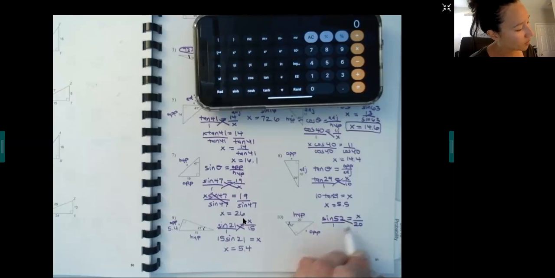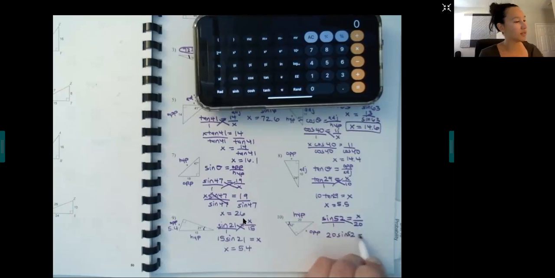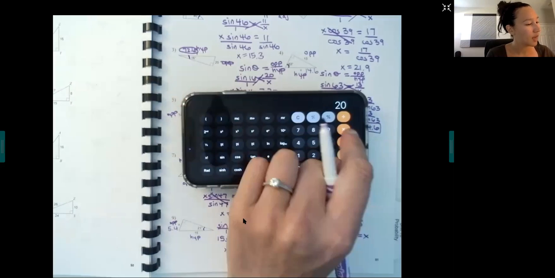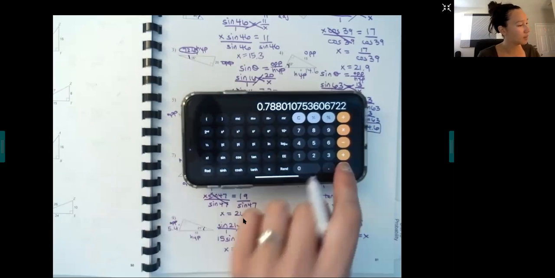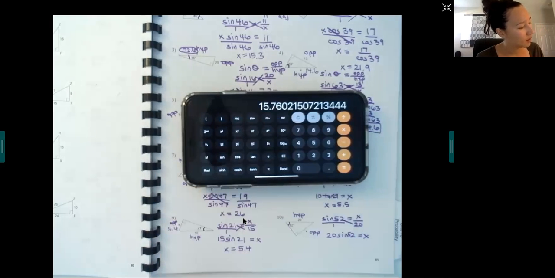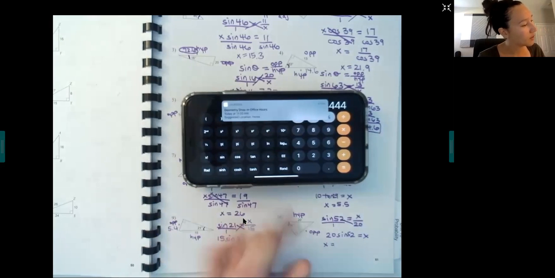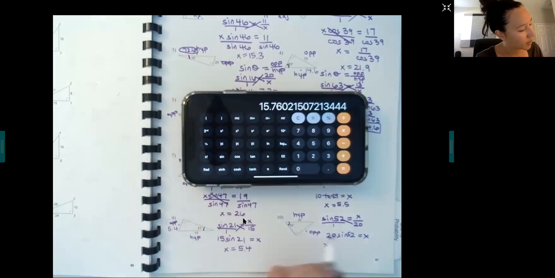Then we cross multiply: 20 times the sine of 52 equals x. So we do 20 times, and then we take the sine of 52. So x equals 15.8.